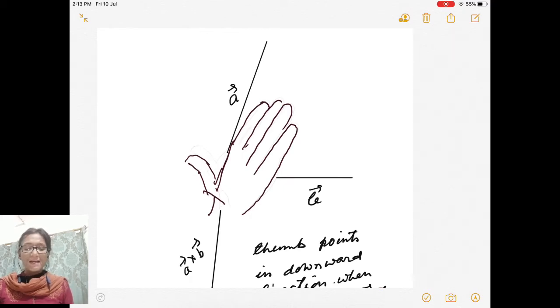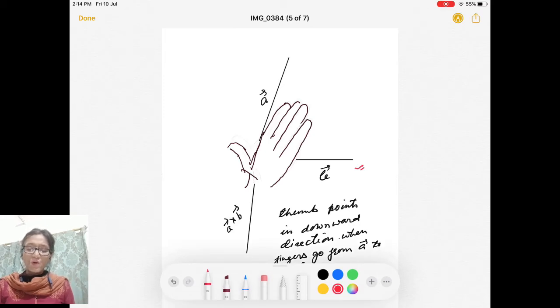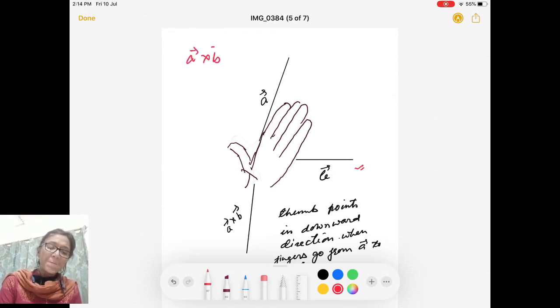Now another case. Suppose the first vector is in the upward direction along the y-axis, and the other vector is close to you. Again the right hand thumb rule, but here for A cross B, you place your fingers along A, and then you will see that your thumb is pointing downward.